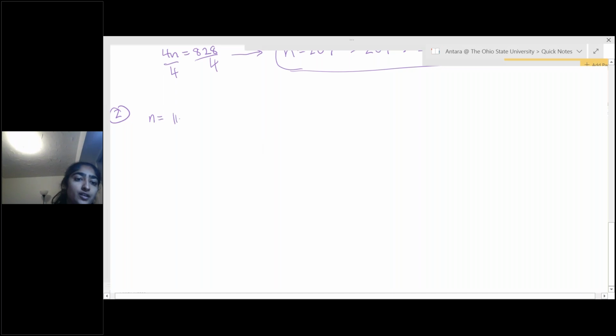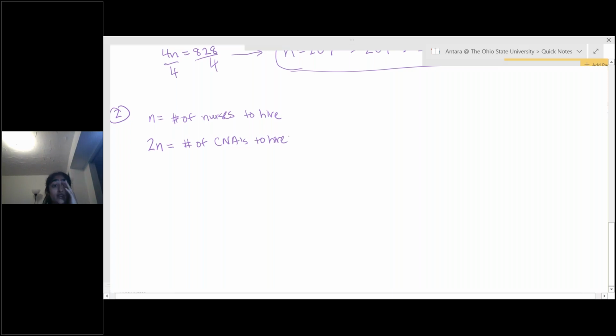So n is equal to the number of nurses to hire, but we know there's a relationship between the number of nurses and the number of CNAs. The center needs twice as many CNAs as nurses, so the center needs 2 times the amount of nurses, and that's the number of CNAs to hire.